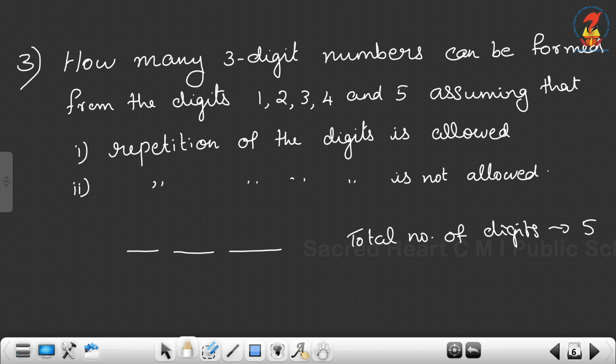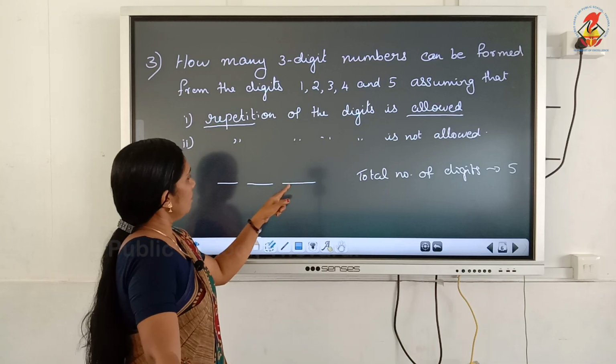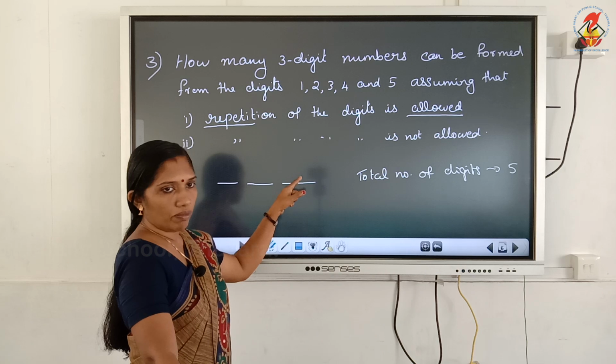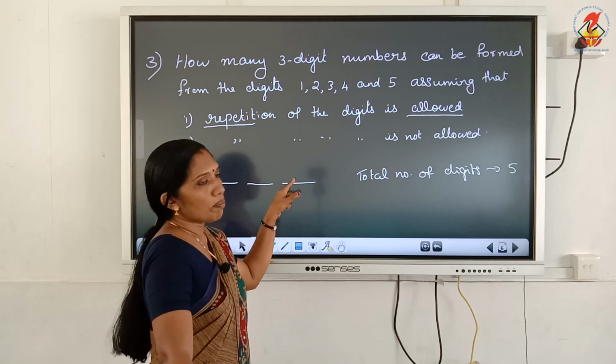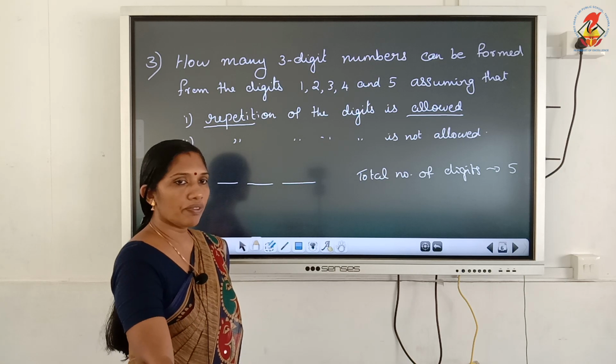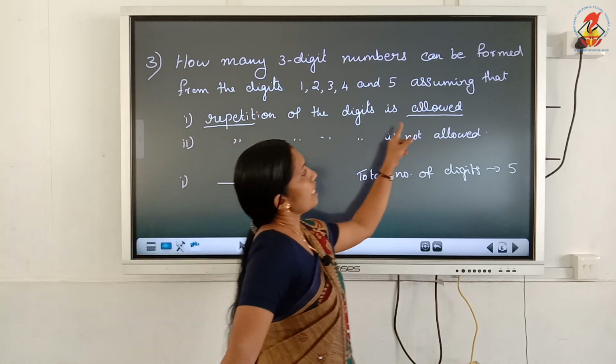And the first case is repetition is allowed. No restriction is here. So, anyway we move from units, tens and hundreds. So, the unit place can be filled in how many different ways? Repetition is allowed.